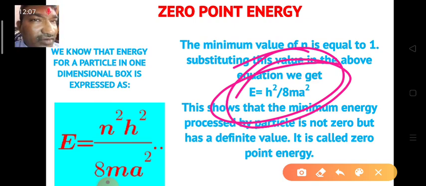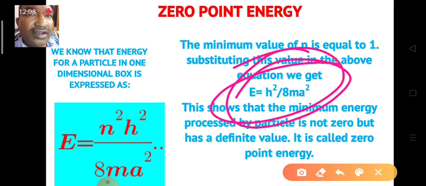So from the discussion about the particle in the one dimensional box, we came to the concept of quantization. First of all, we have to apply the potential energy values on the Schrodinger equation written for the particle in the one dimensional box.